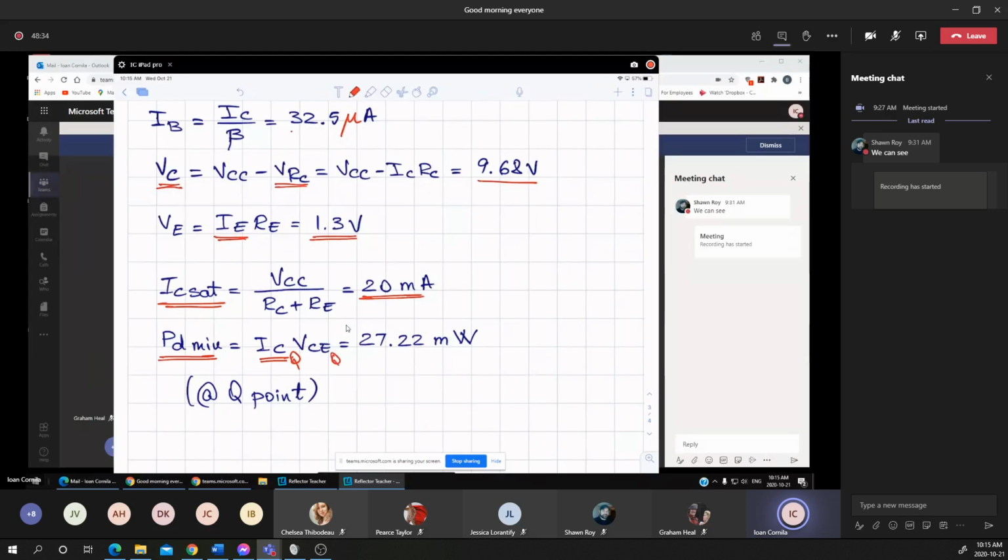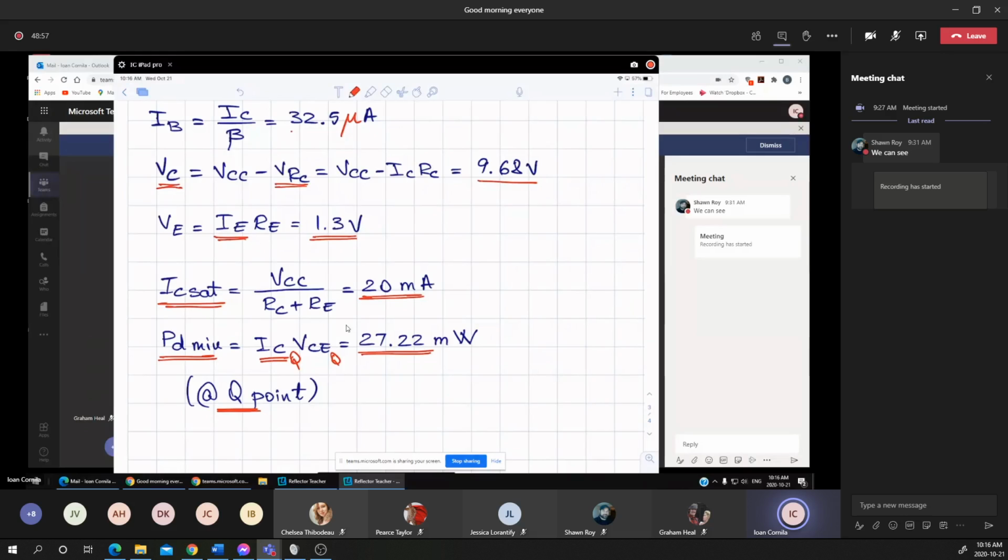That's why you may see this notation to determine the minimum power dissipation that is required for this transistor, which is 27.22 milliwatts. That's at the Q point. Doesn't mean that that's the maximum power or the minimum power of the transistor.